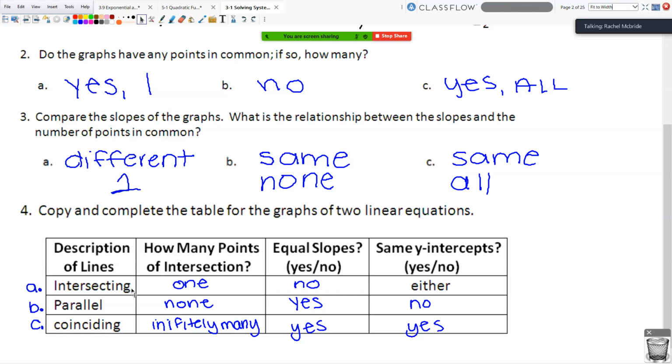Part C, you had coinciding lines. And for coinciding lines, they have infinitely many points in common, and their slopes have to be the same as well as their y-intercepts.